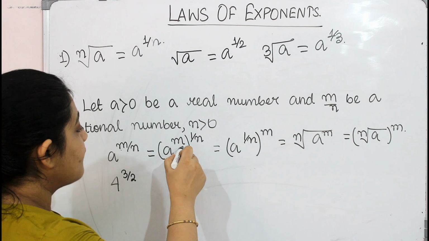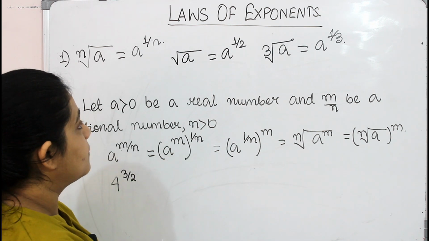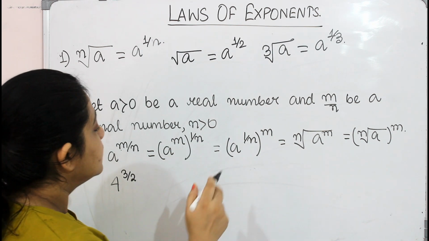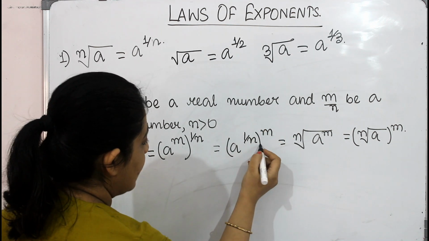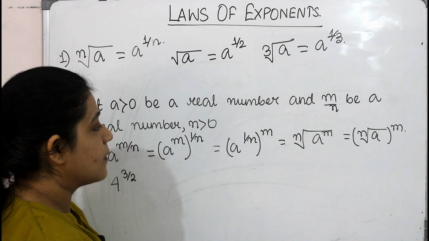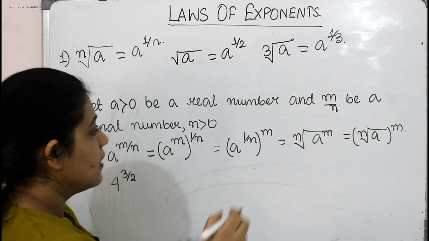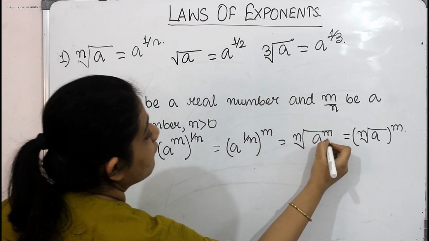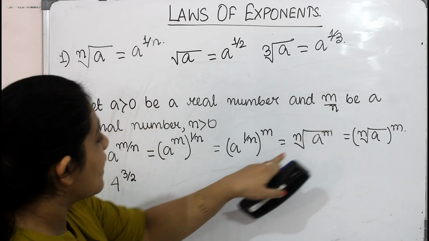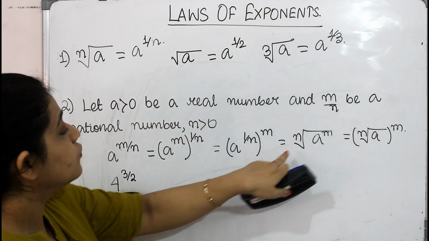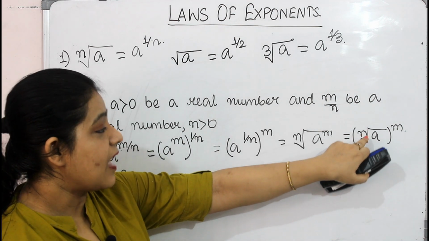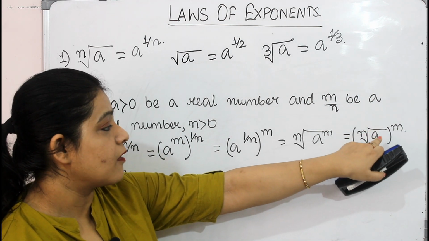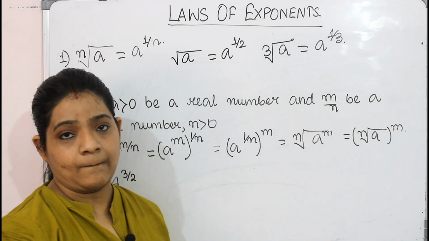So a to the power of m into 1 by n. If I bring m outside and keep a to the power of 1 by n inside, a to the power of m will remain as it is and the other part will become nth root of a. So this can be simplified as nth root of a to the power of m.